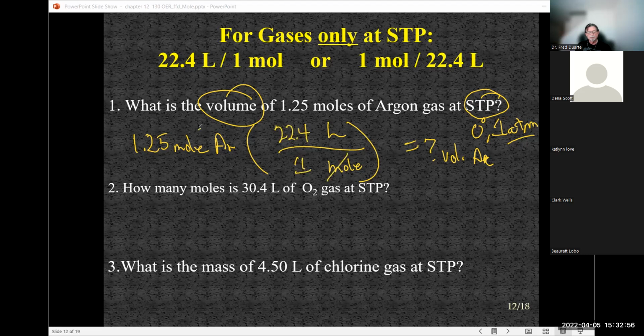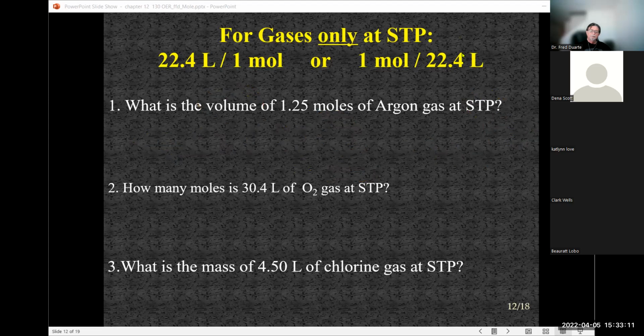Check my units, moles cancel, leaving me with units of liters, which is what the question asked for. All right, so that means 1.25 moles of argon gas at STP would occupy a volume of 28.0 liters.